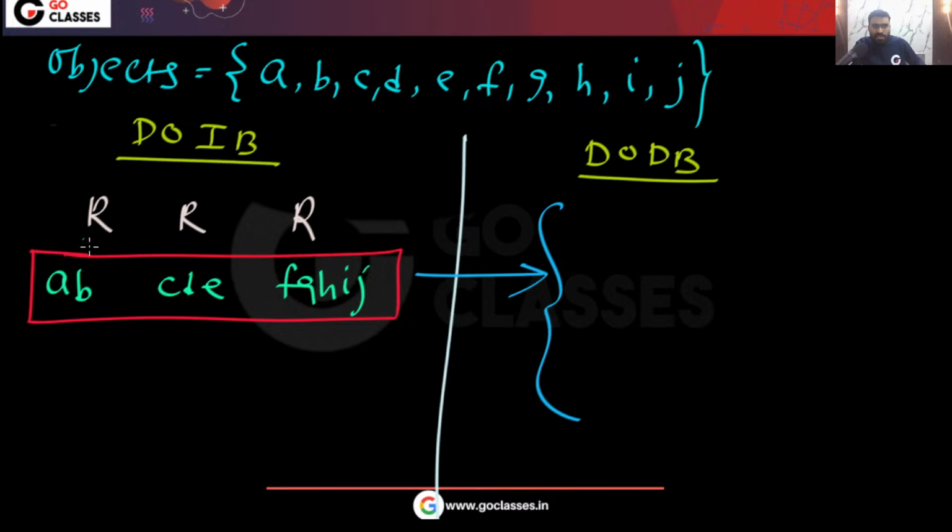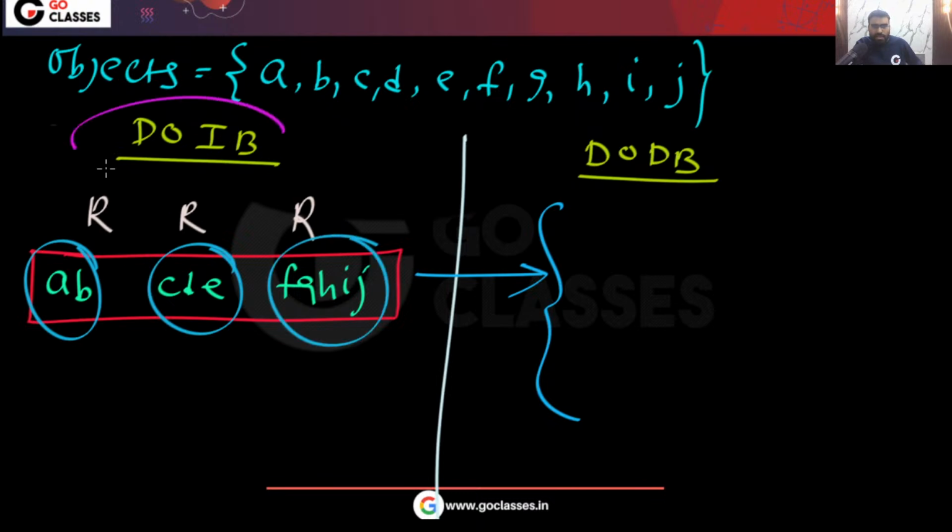When all the boxes are the same, this is the distribution I have done in the case of DOIB.